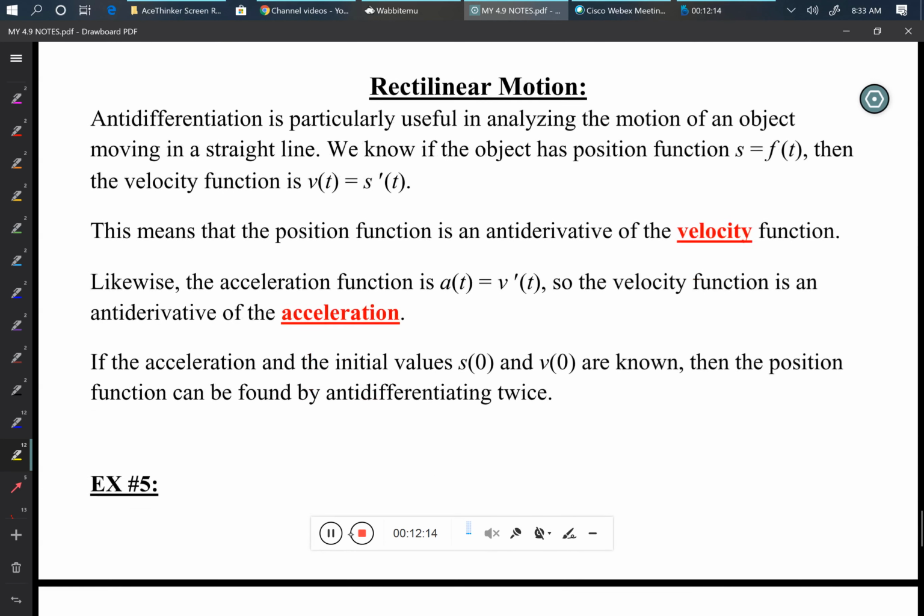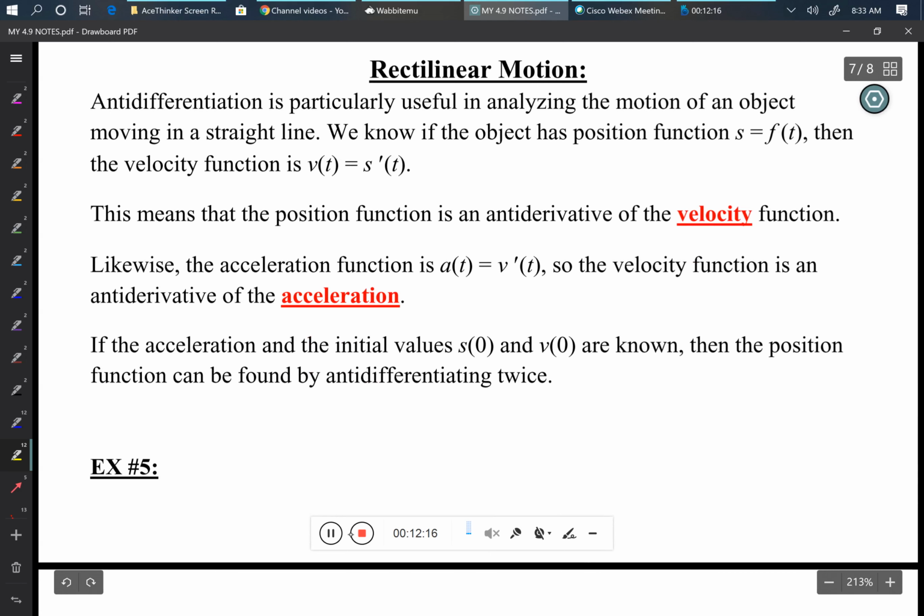Right? And then what we could use this for in application is going back to our favorite process, a particle in motion. We have position functions and velocity functions. We know from what we've gotten so far out of calculus that if I take the derivative of position, I get velocity.